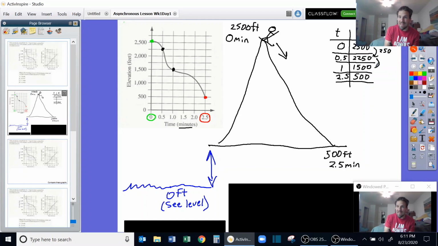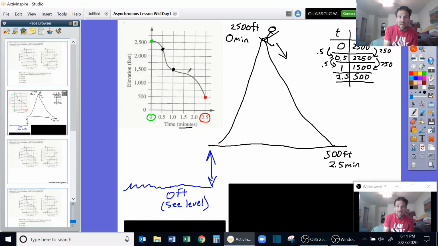But in that next half a minute, same amount of time, she dropped 750 feet. In the next minute and a half, she drops 1,000 feet.